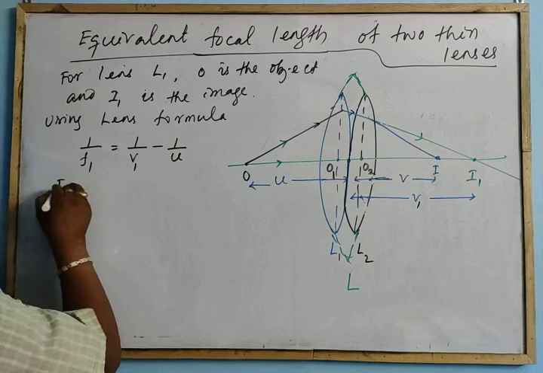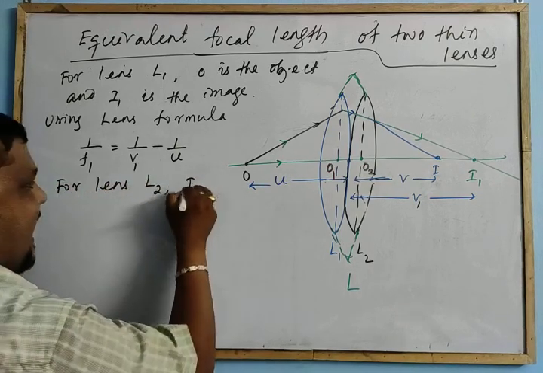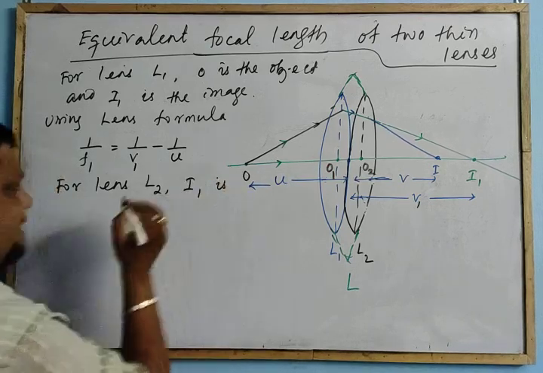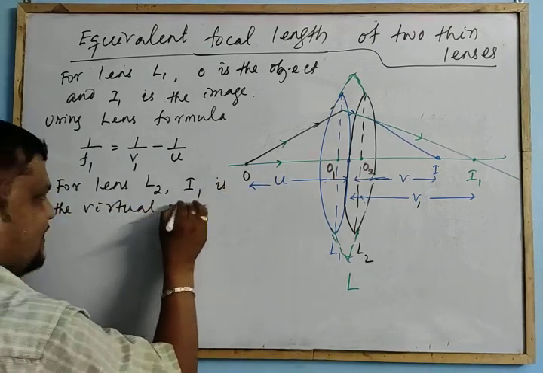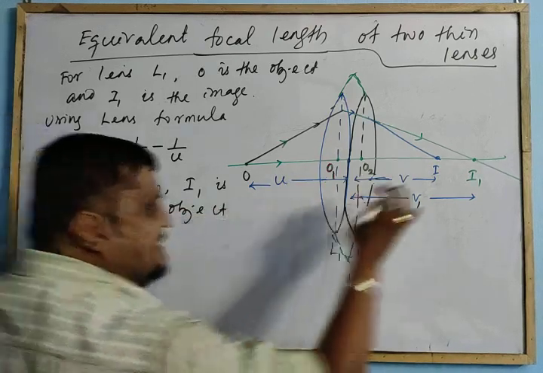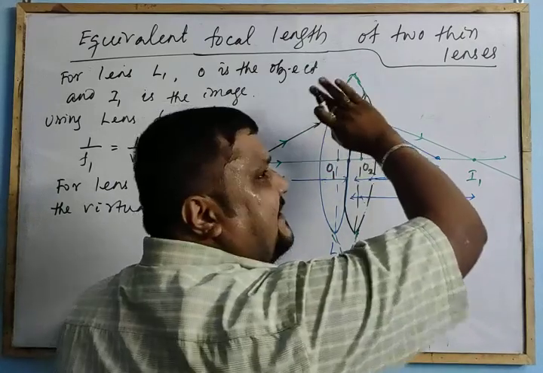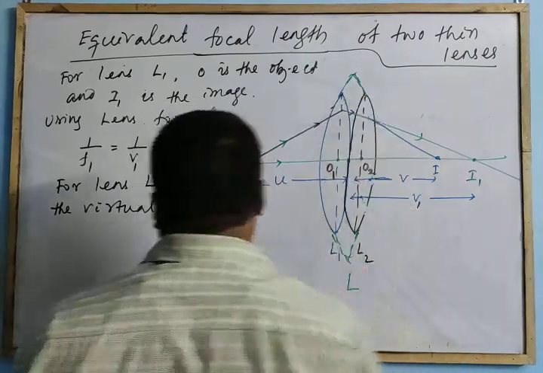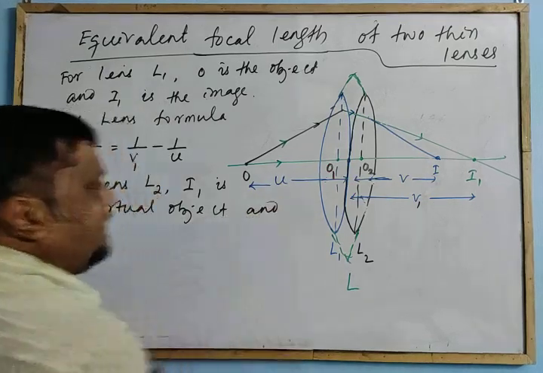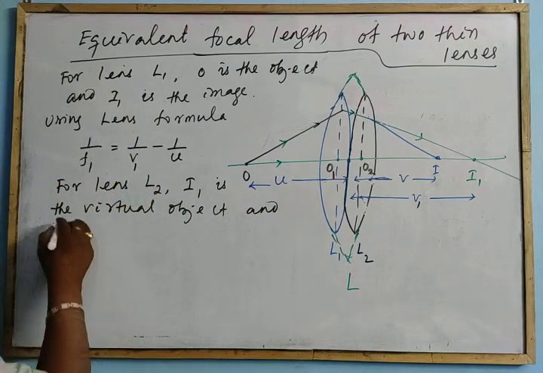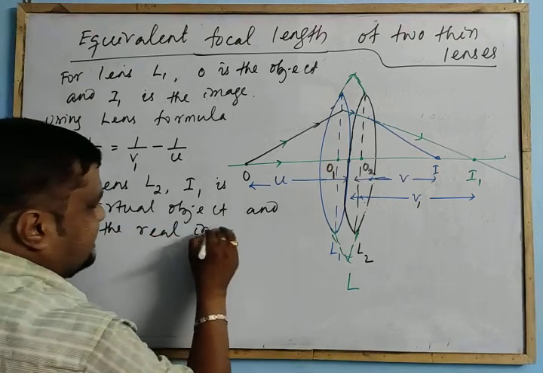For lens L2, that is most important, I1 is the virtual object. The object is not actually there, but when you see the image, you will find that it comes from an object placed here. So this is an object for this lens: I1 is the virtual object and I is the real image.